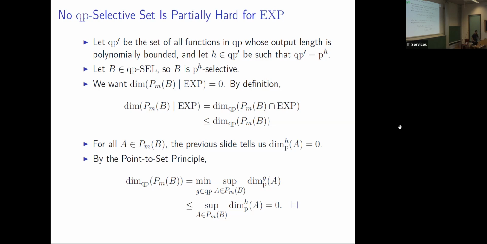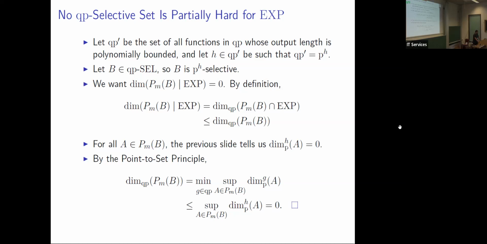So that tells us that B is PH selective, because a selector doesn't have long output, so QP prime is sufficient there. So this is also PH selective.